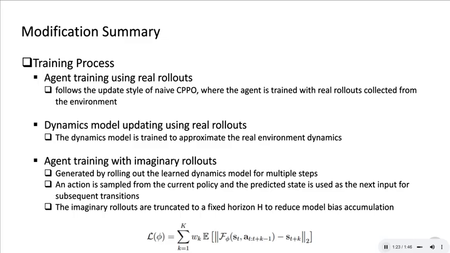Please note that to reduce model bias accumulation, the imaginary rollouts are truncated to a fixed horizon. The agent is then trained on these imaginary rollouts, performing policy and value updates in the same way as in real environments.